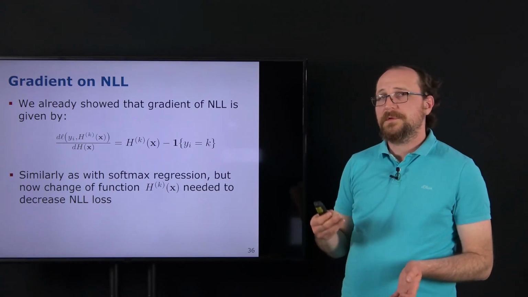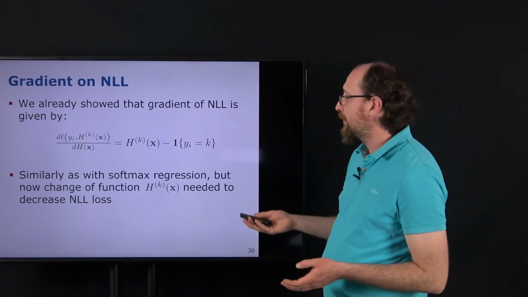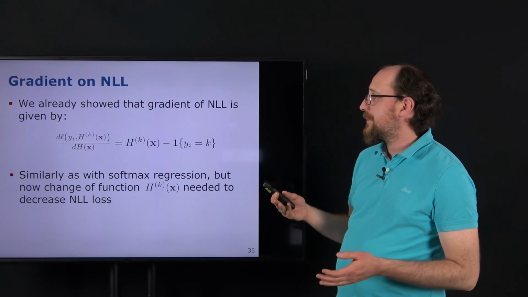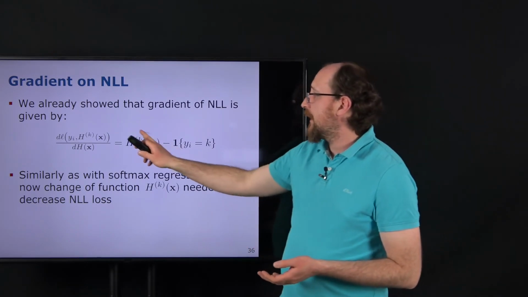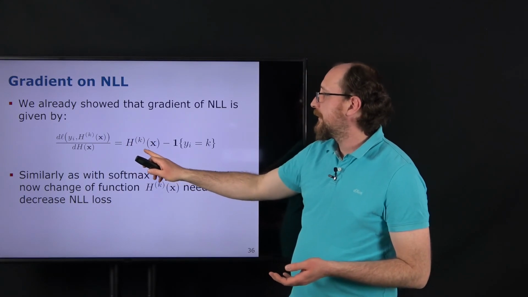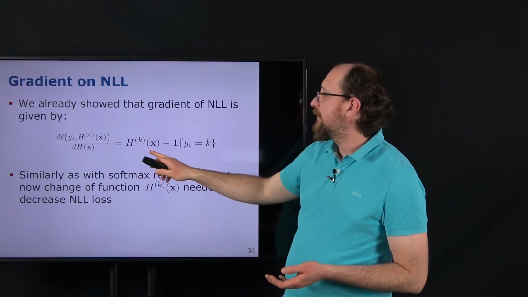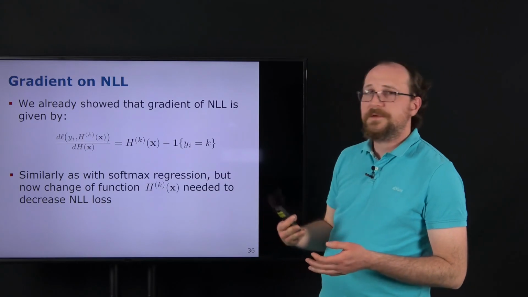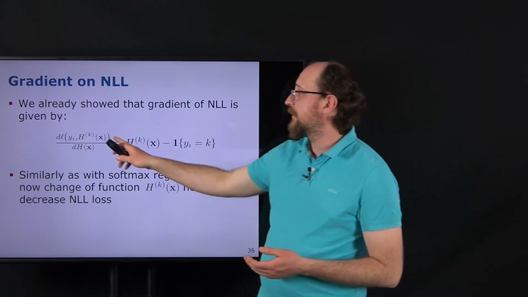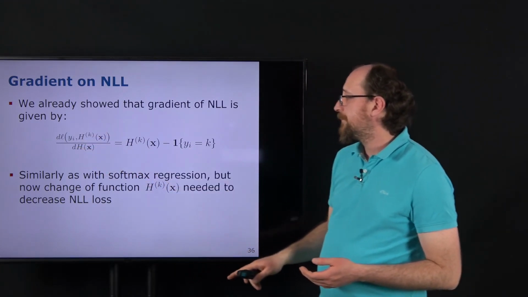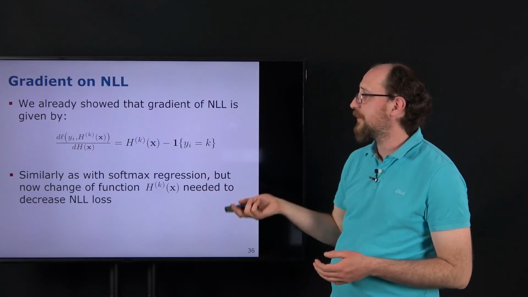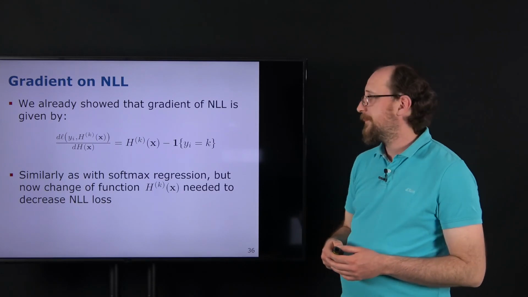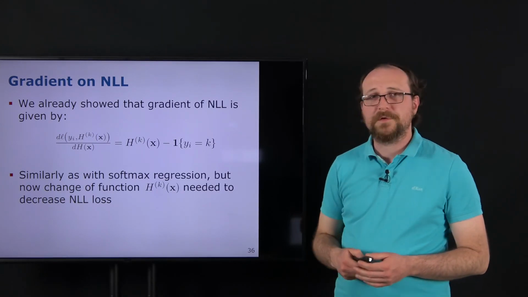Similar to the softmax regression, we now determine how we should change this h_k function such that it goes in the right direction with respect to the loss. This is what we need to decrease the negative log likelihood loss in the end.